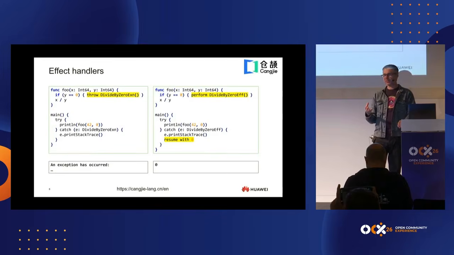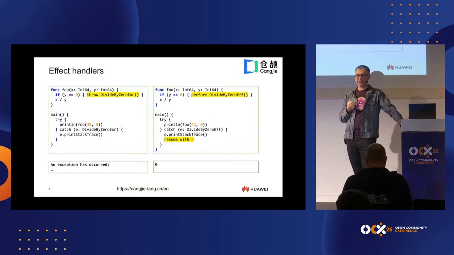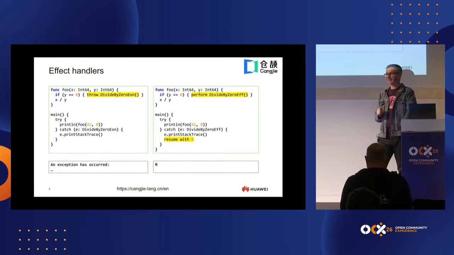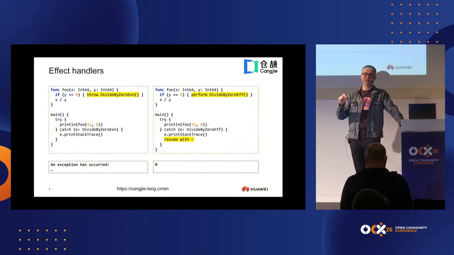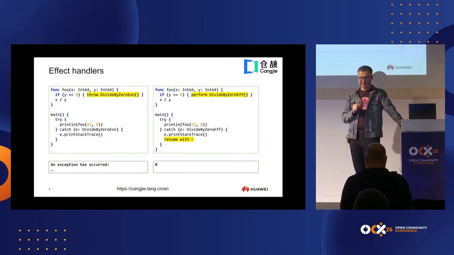Before effect handlers, the standard way of interacting with the world or with the context of a functional programming language was via monads. Who has heard of monads, the word monads? No? Okay. Monads are a very big feature, a very big thing, particularly in Haskell.